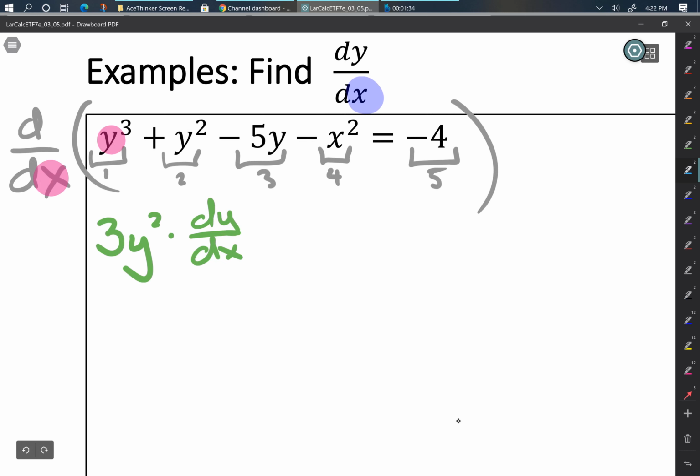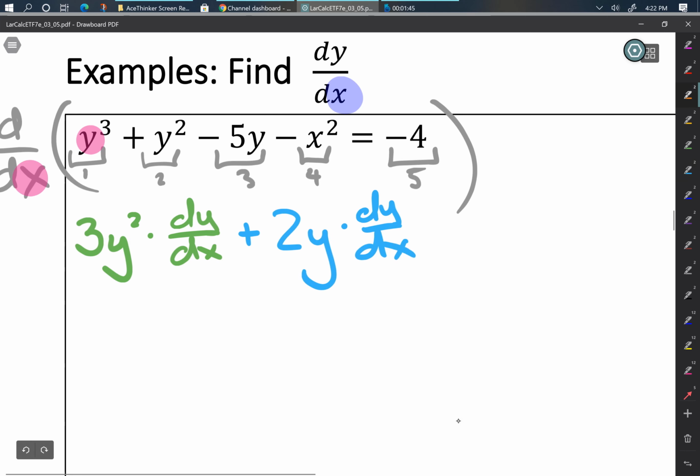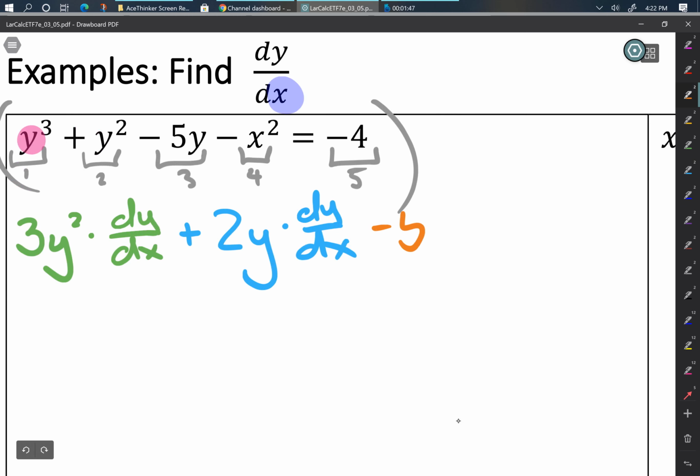Okay. Second term, again, the variable doesn't match, so it's going to be 2y, chain rule, times dy/dx. Moving on to the third term, again, the variable doesn't match, so it's going to be a negative 5, derivative of 5y is 5, times dy/dx.